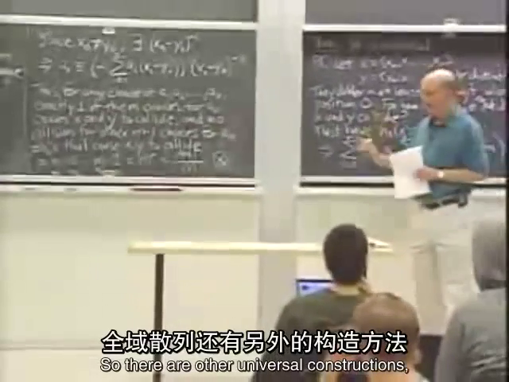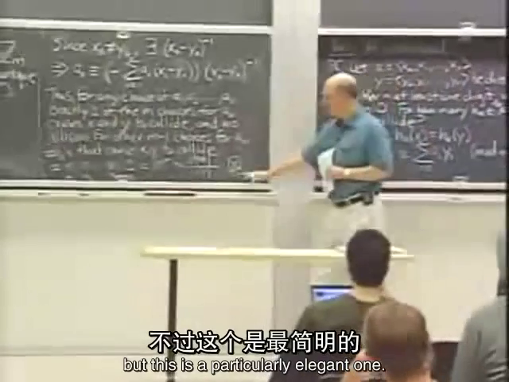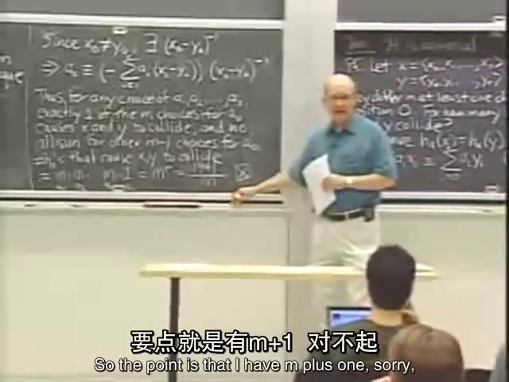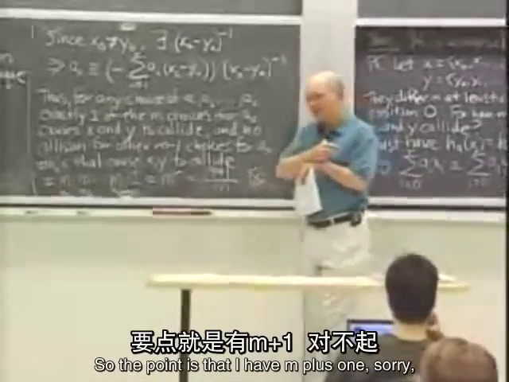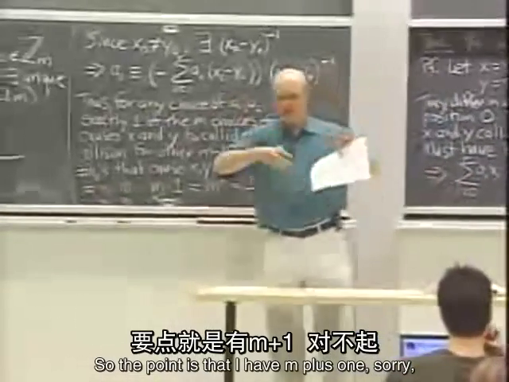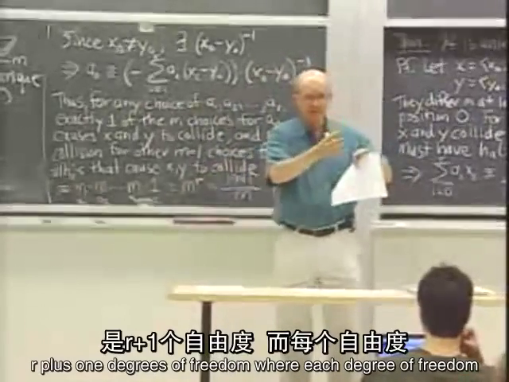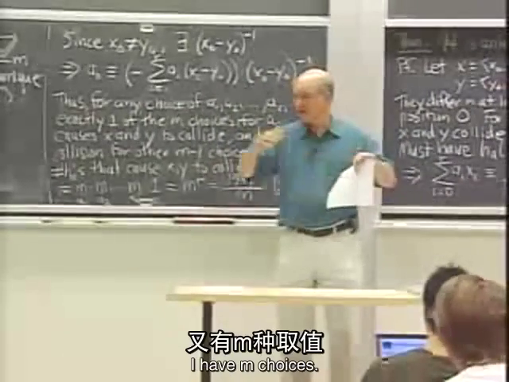So there are other universal constructions, but this is a particularly elegant one. The point is that I have r plus 1 degrees of freedom, where for each degree of freedom I have m choices.